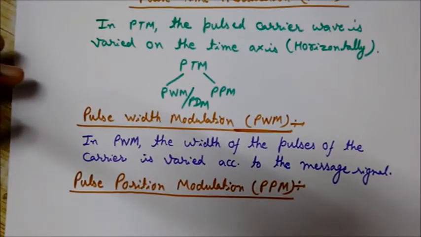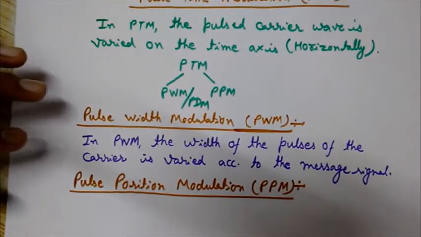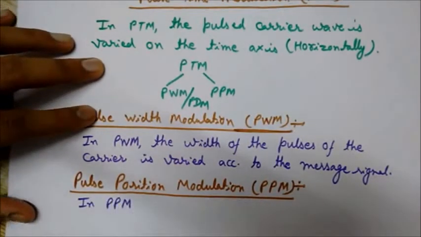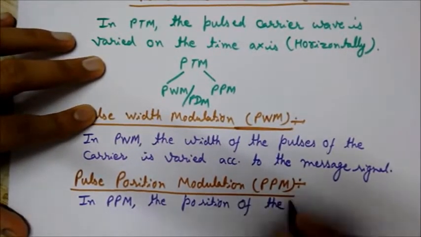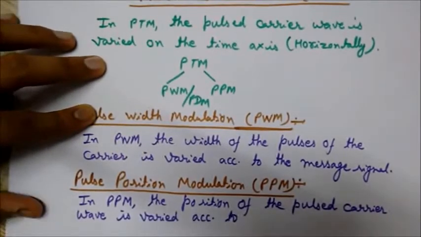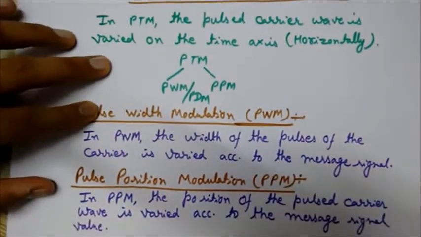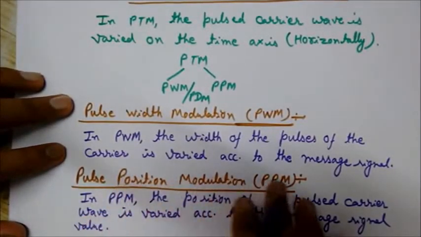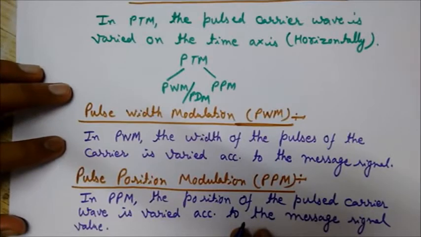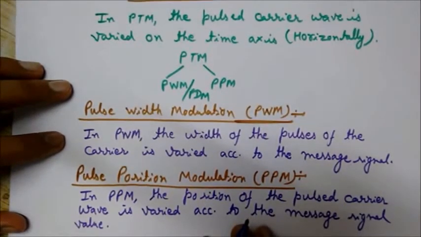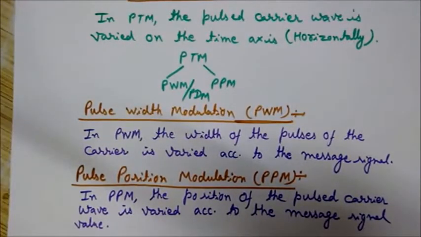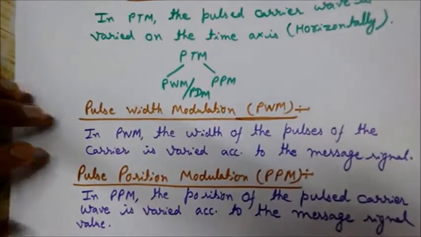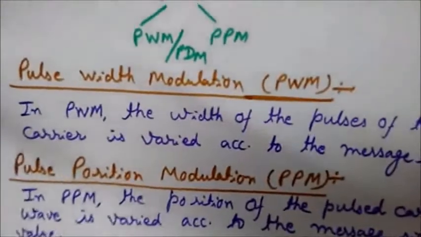So I will again write the definition. In pulse position modulation, it is clear again by the name, the information will be contained in the form of position changing of the pulse. The information will be contained in the form of pulse positions.